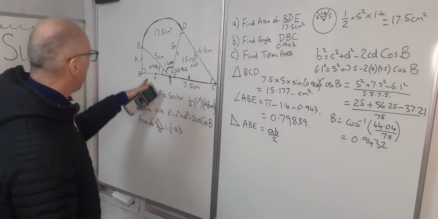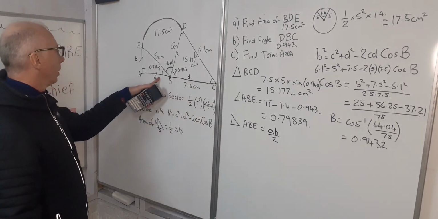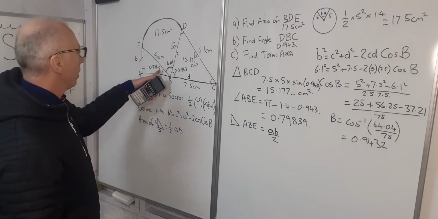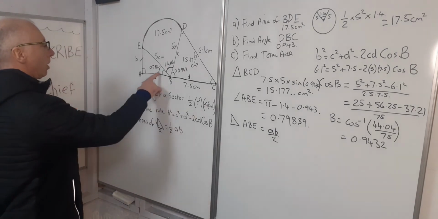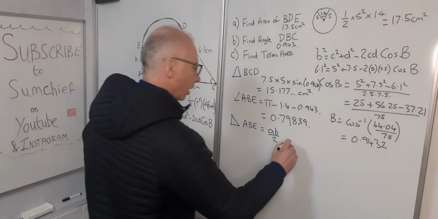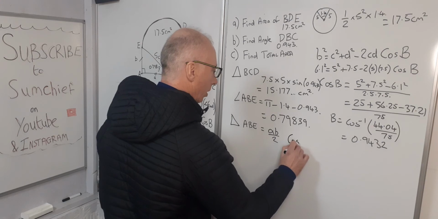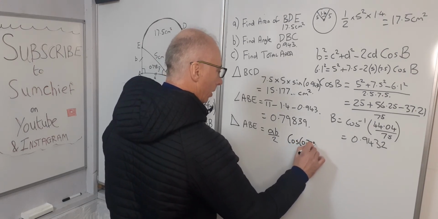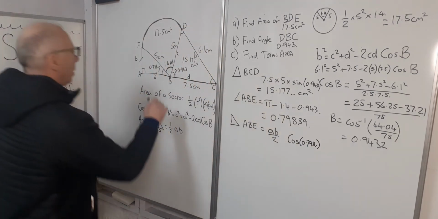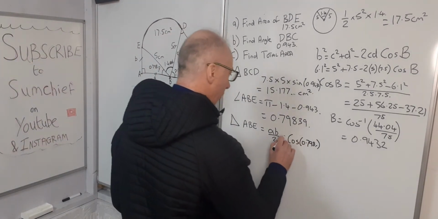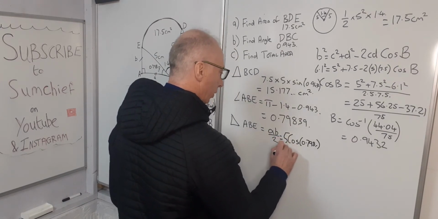Okay, how are we going to work out the side a? We know this angle is 0.798, so using SOHCAHTOA, we've got cosine of 0.798 times the hypotenuse, which is 5. So we put the 5 out front.